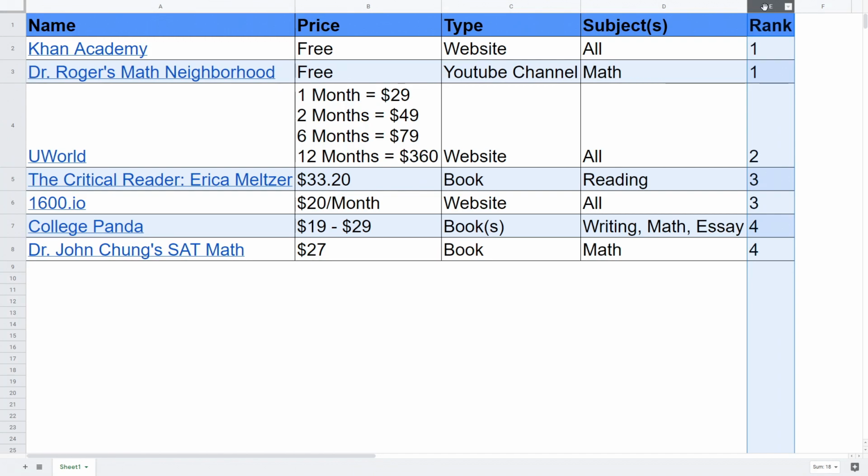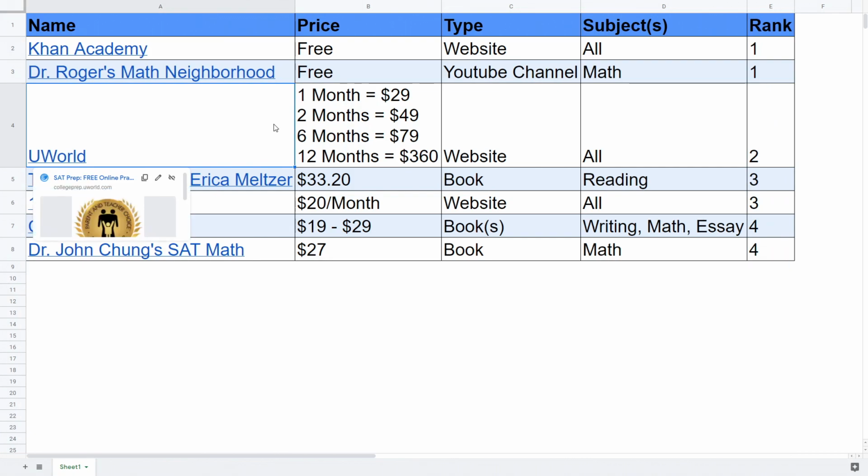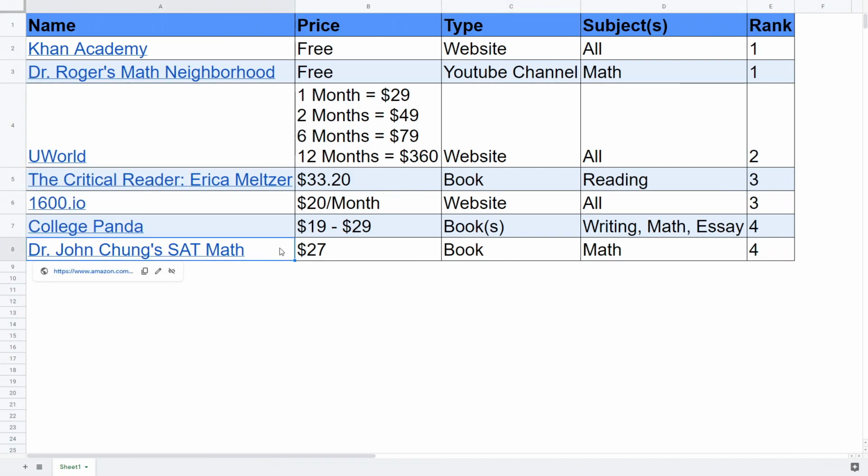So we ranked these from 1 to 4 based on the relevance and importance of the resource itself. If you only want to spend, for example, $30, UWorld would probably be the optimal choice for you, instead of spending it on, for example, Dr. John Chung's SAT Math.